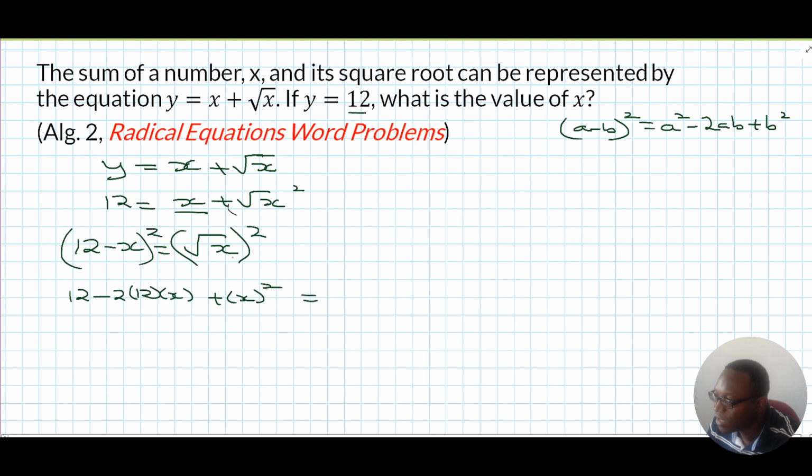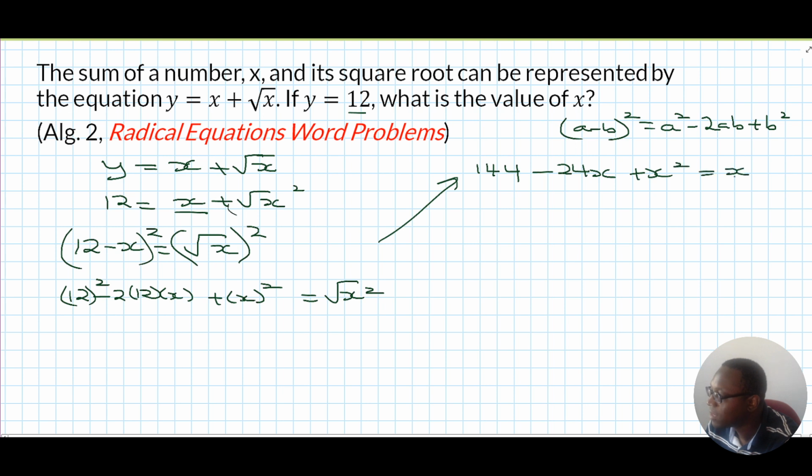This is going to give us the square root of x squared. So we have 12 squared, which is 144. 2 multiplied by 12 is 24. So minus 24x plus x squared is equal to x.